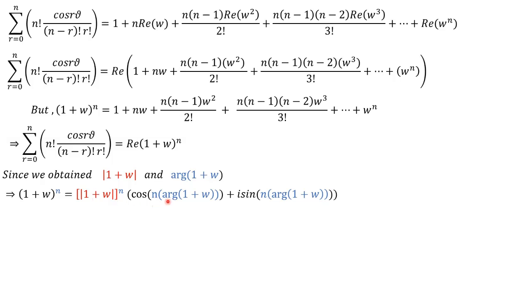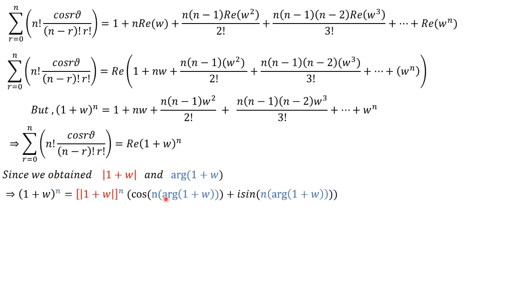That is r times cos theta plus i sin theta. But in this case, theta corresponds to the argument of the complex number 1 plus omega.